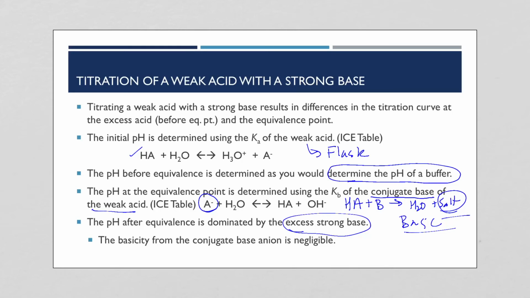At this point, the basicity from that A- ion really gets overshadowed by any of the excess strong base that you're adding. So we can just look at the strong base and how much we've added, and that would allow us to determine the pH at some point after the equivalence point.